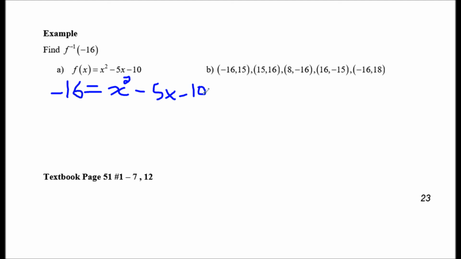I think that's going to factor quite nicely as x minus 2, x minus 3, giving me two solutions, 2 and 3. There it is. You got two answers here. So when they give you the inverse at an x value, just make that the y value of the original. Solve it.